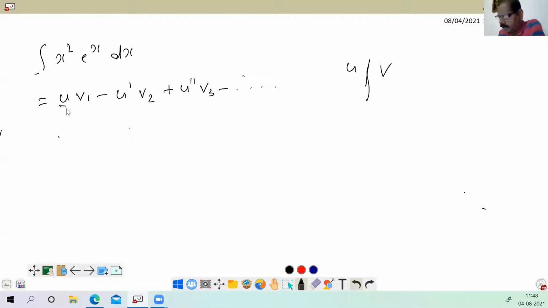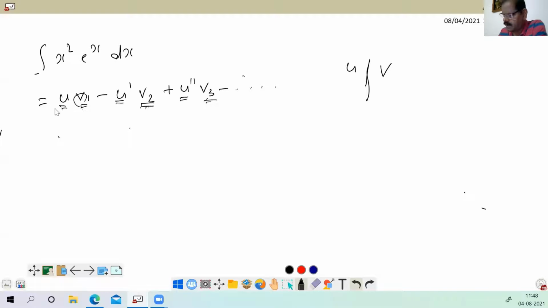Again integral of v1 is v2, and the third derivative of v, the integral of v2, is v3. Next is minus, like that.